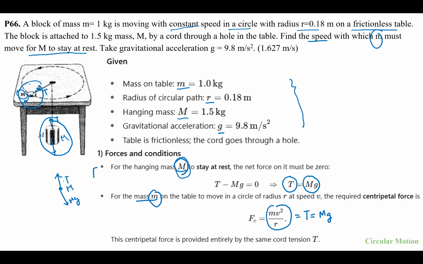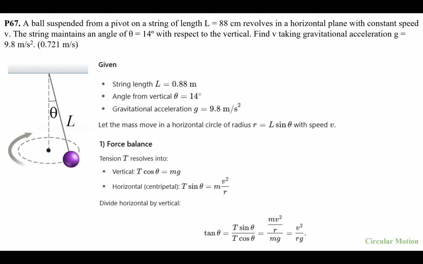And then we have two equilibria. One is for the small m for circular motion and the capital M under the gravitational force. And by doing so, we can find out the velocity, okay? And it is a little bit similar to the previous problem. You might think that it is different, but basically it is more or less similar.